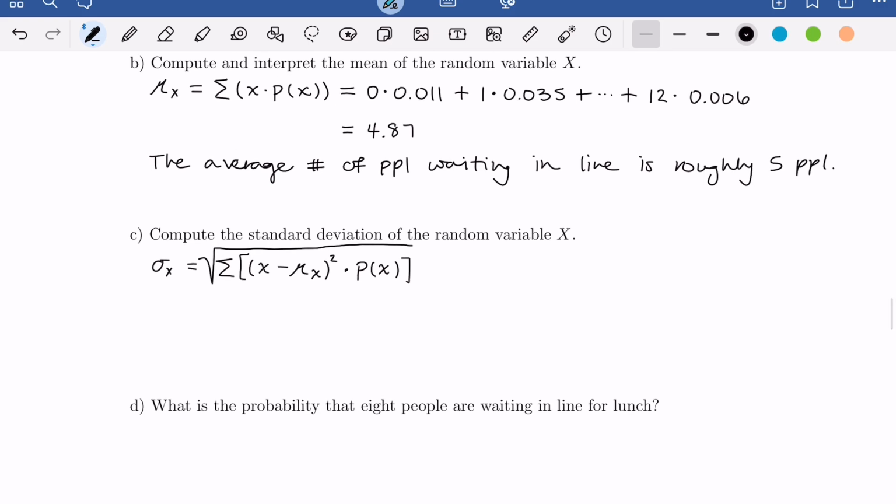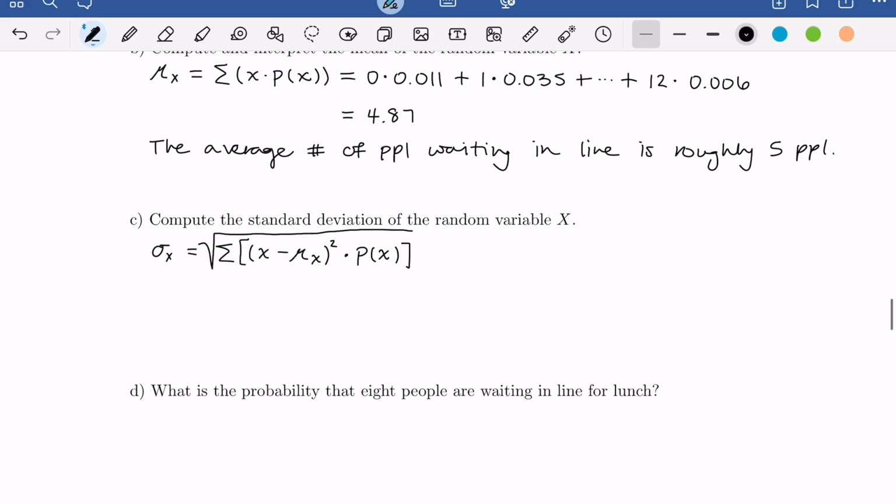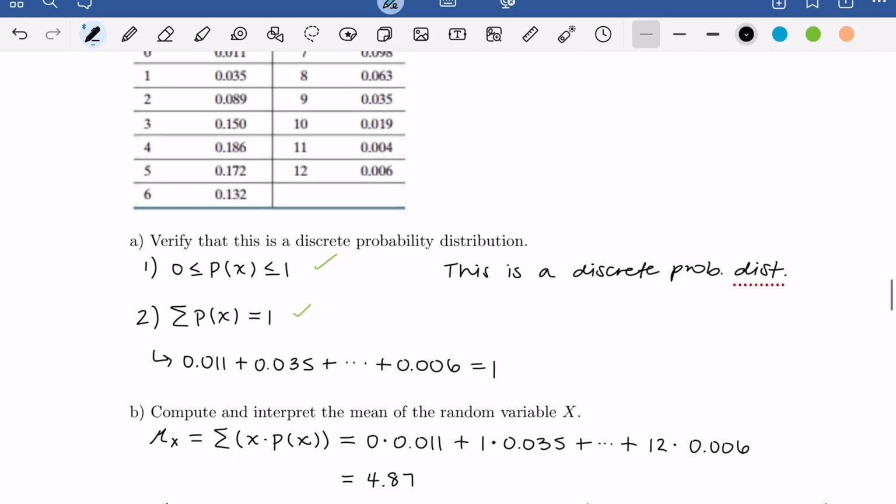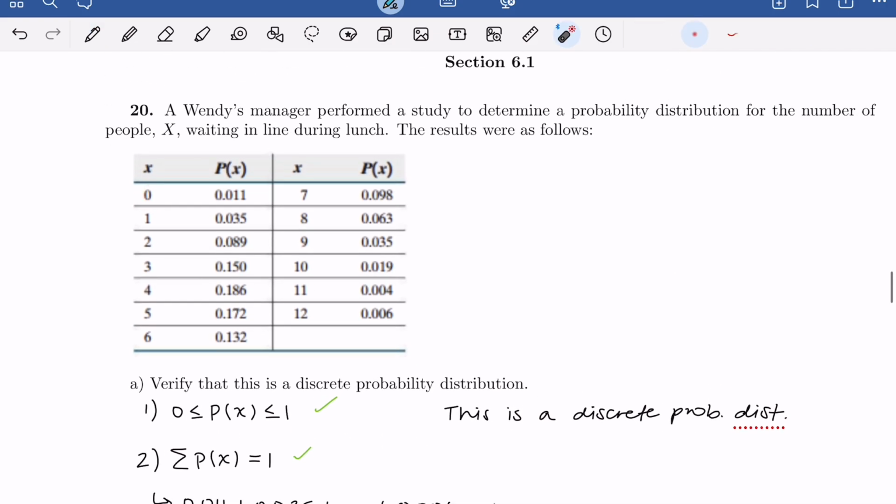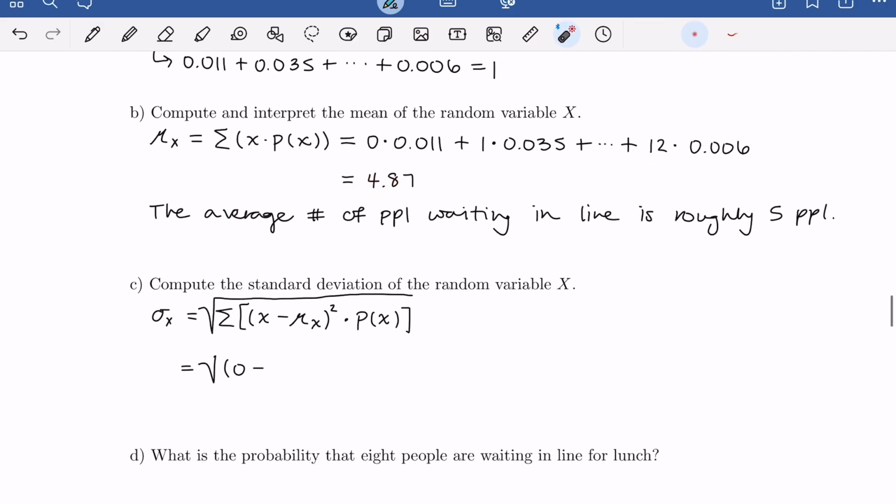Okay, so what we can do is, just so we have enough space, we are going to take the square root. Let's start with the first one here. So our first value is going to be 0. Looking back at this table, our first value for our discrete random variable is 0. And then our mean was 4.87. We're going to square this and multiply by the corresponding probability, which was 0.011.